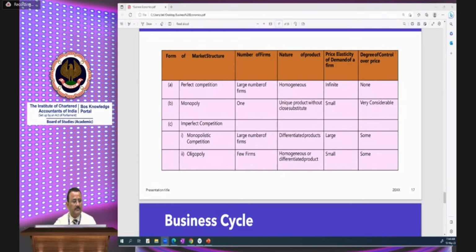Second thing is what is the type of product that has been produced, and what is the control over the prices. So I've given you the distinctions about the forms of market structure.